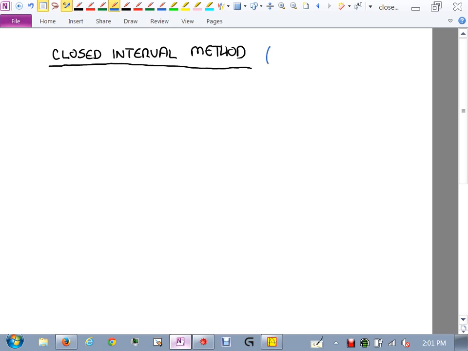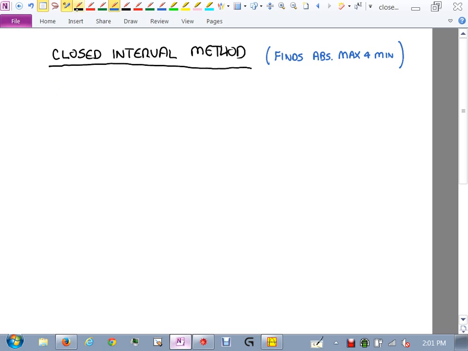This method gives you the absolute maximum and minimum value of a function on a closed interval.